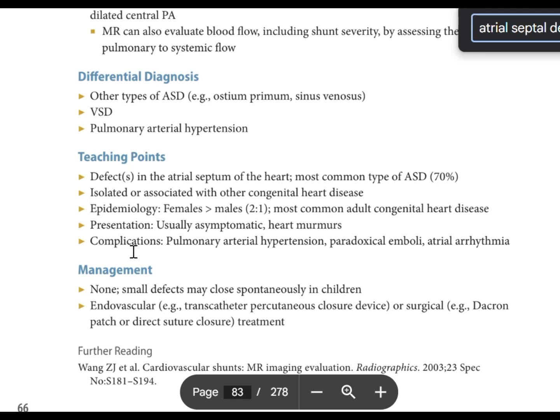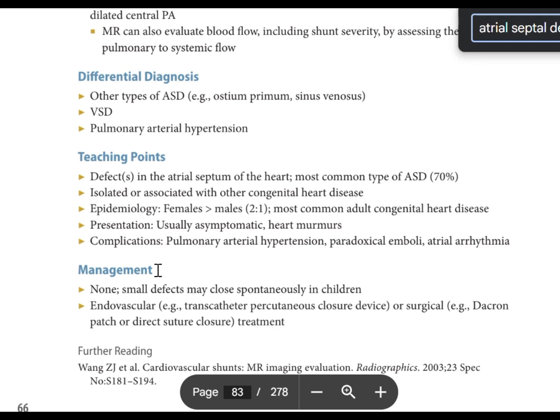The complication of ASD is pulmonary hypertension, the same as VSD, due to shunting of blood from the left side of the heart to the right side of the heart. And paradoxical emboli.